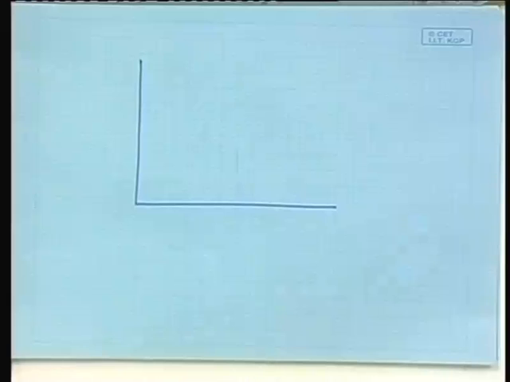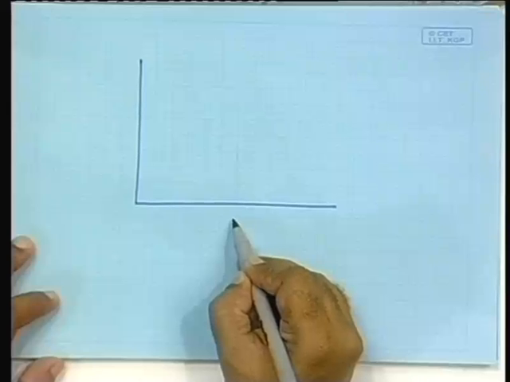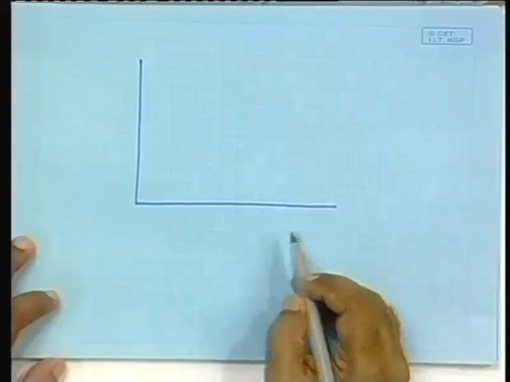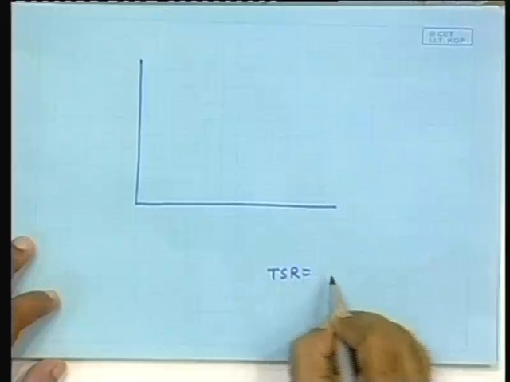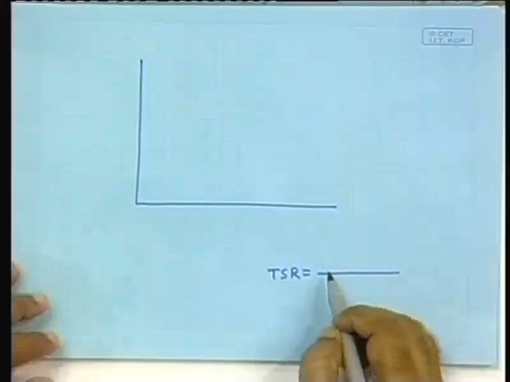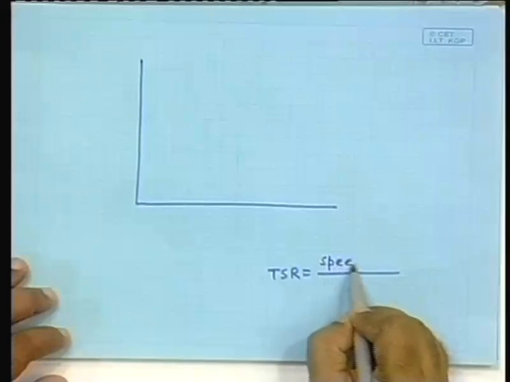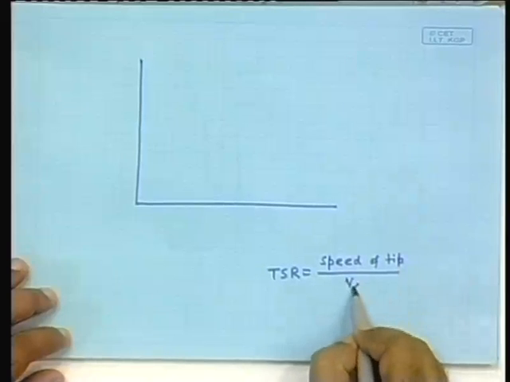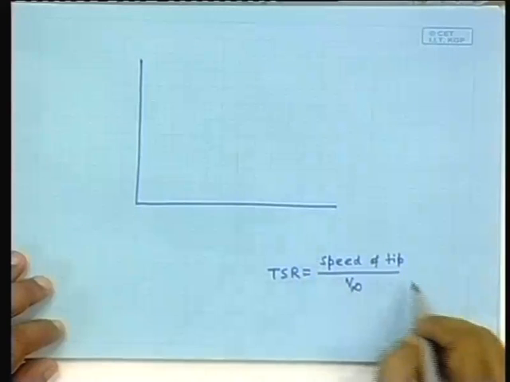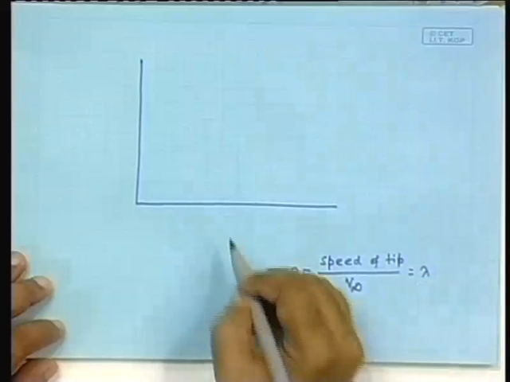Let us start our understanding from the tip speed ratio. You have learnt of it, right? Just to recall, TSR is the speed of the tip to V infinity. This is denoted as lambda.